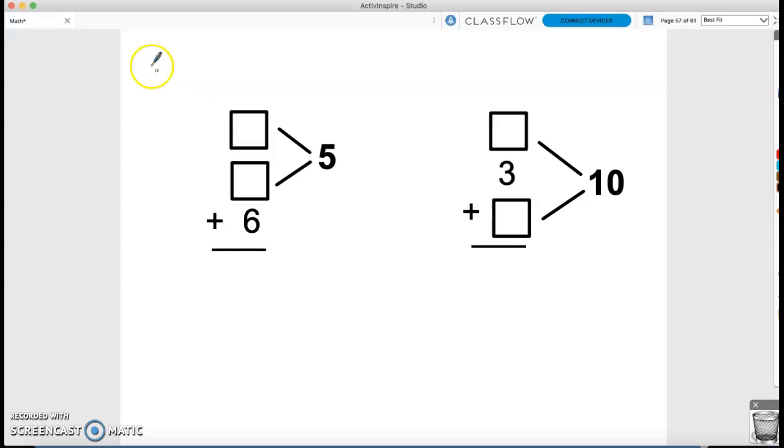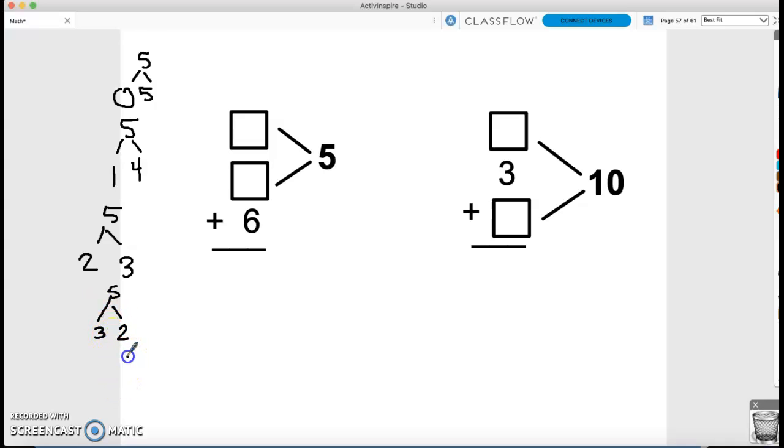Well, I have a few choices. 5 can be 0 and 5. 5 can be 1 and 4. 5 can be 2 and 3. 5 can be 3 and 2. 5 can be 4 and 1.